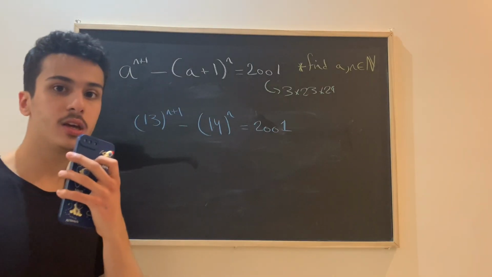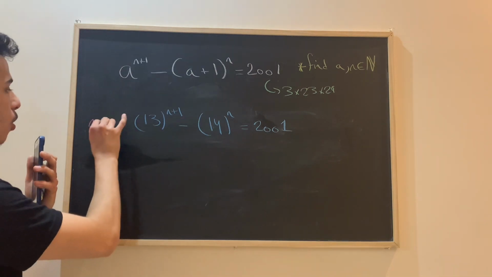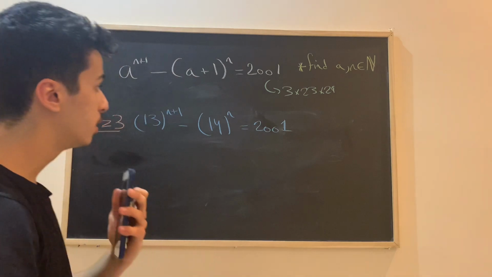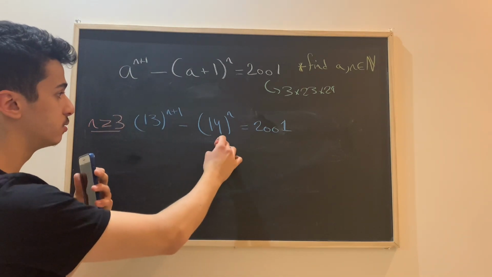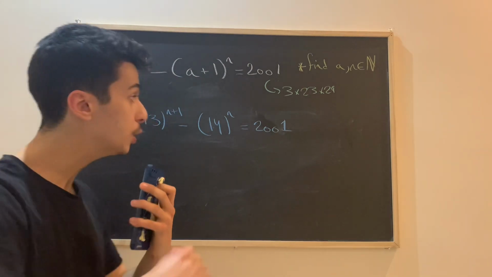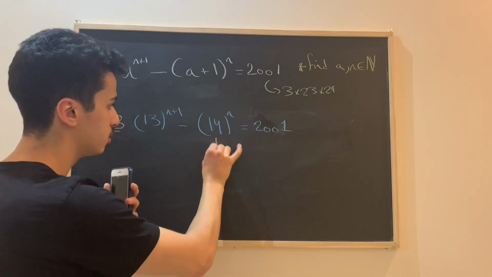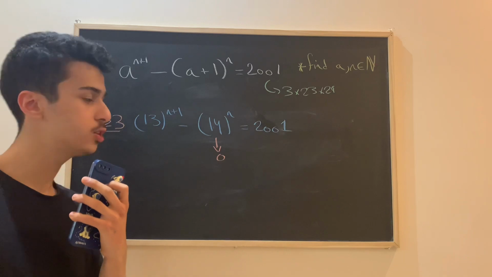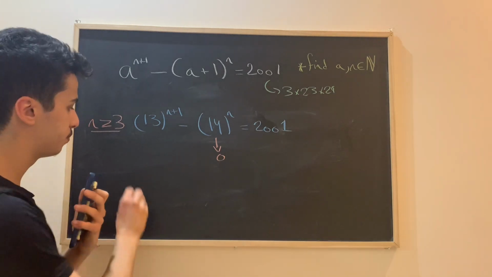Now we're going to take n values greater than or equal to 3, and we're going to take the mod 8. As we saw before, 14 with n equals 3 and above will zero out. It will be a 0. 13 is 5 modulus 8, which is negative 3.